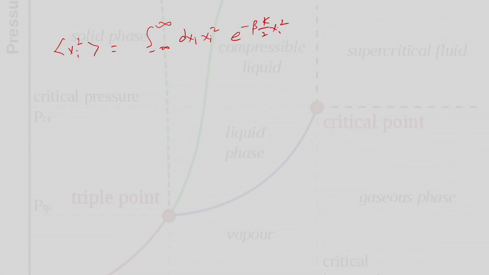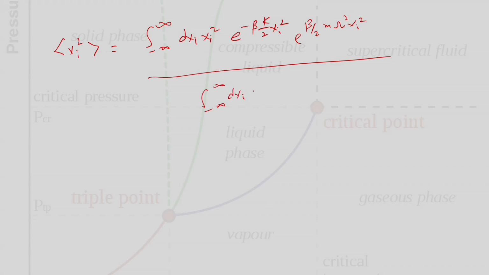Then without the x_i squared in the numerator, the same in the denominator. So, this is the average of x_i squared. The question is, how do you do this?